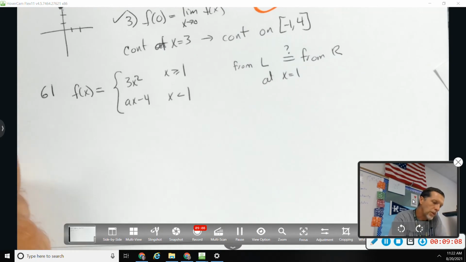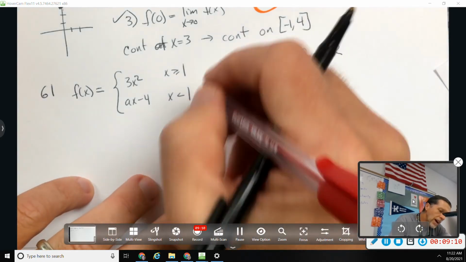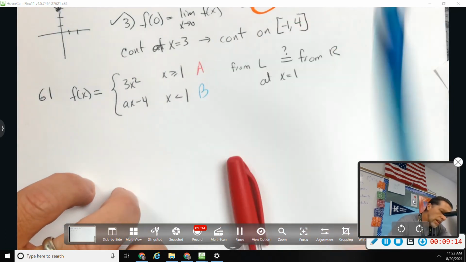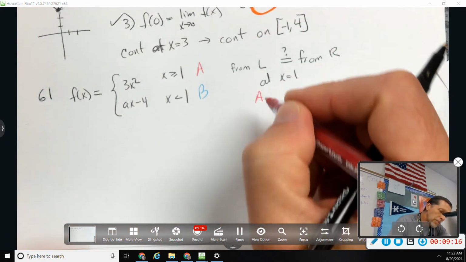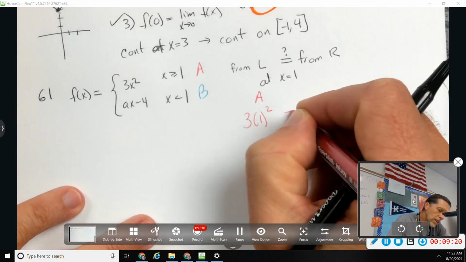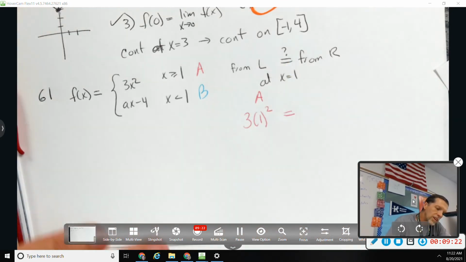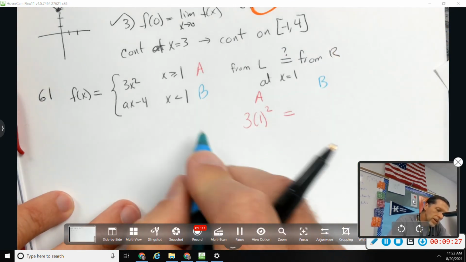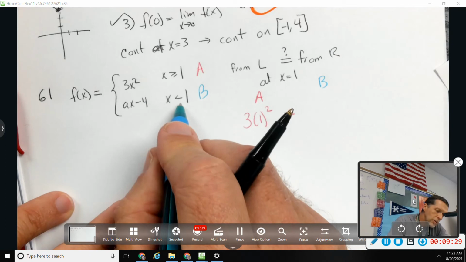Unofficially, I just got to plug into, let's see, from the left, that would be branch A. So that would be 3 times 1 squared. And I want to know if that's equal to, from the right, that would be, oh, I got these backwards, didn't I? Because they wrote them backwards.